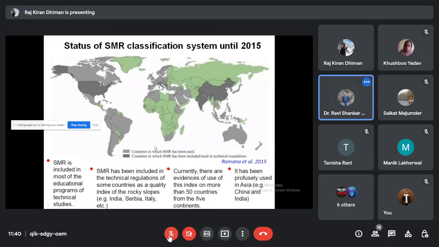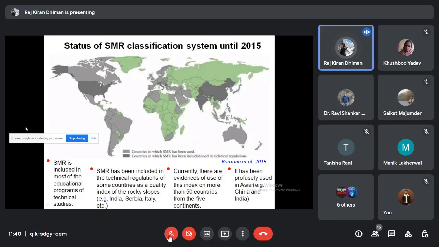You were saying that contractors use SMR to quantify how many endangered slopes are there in their construction path. But in India, there is a very big problem that none of the national highways have a DPR submitted with a geology chapter.